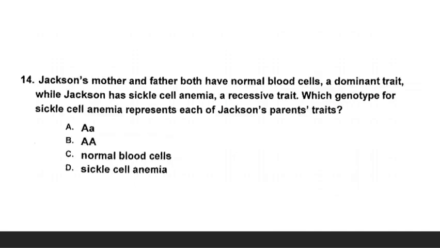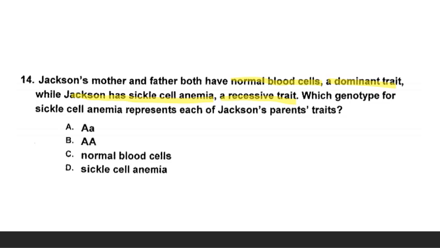Number 14, Jackson's mother and father both have normal cells, a dominant trait. So normal is dominant, but Jackson has sickle cell anemia, which is a recessive trait. What is the genotype for sickle cell anemia represented in each of Jackson's parents?